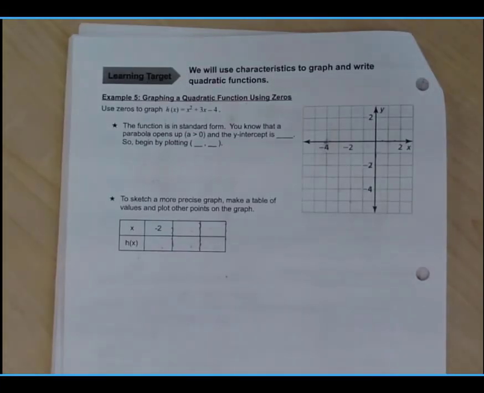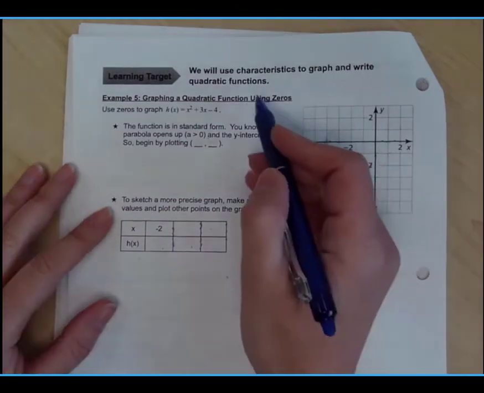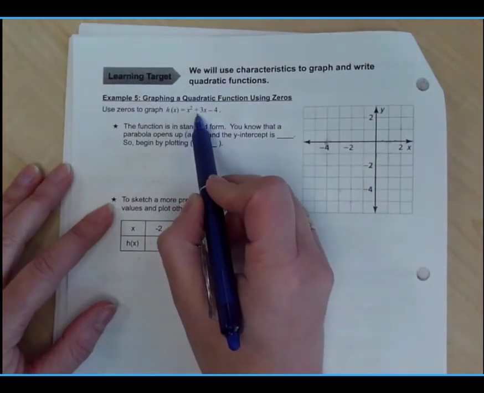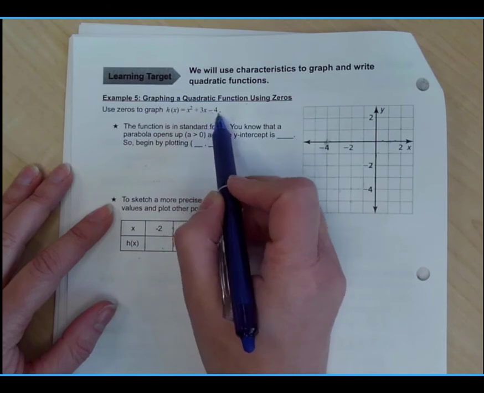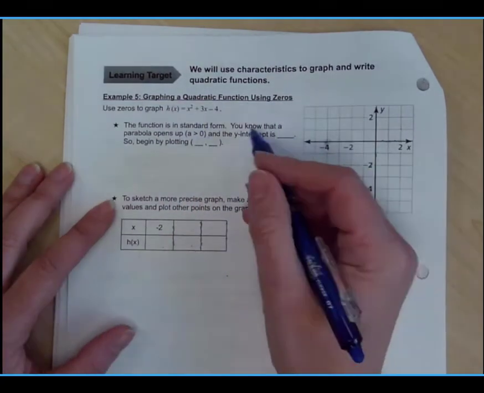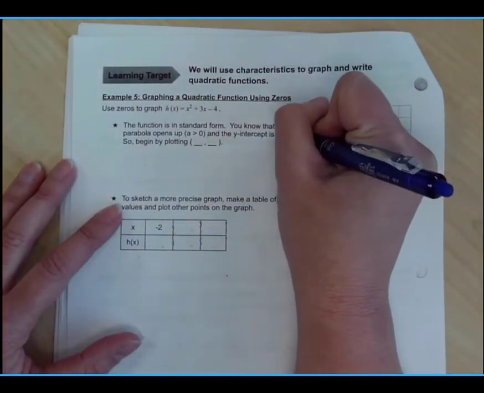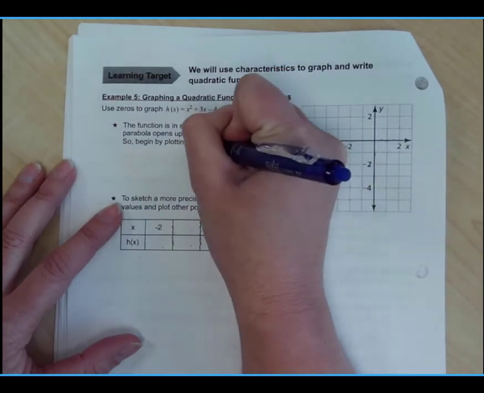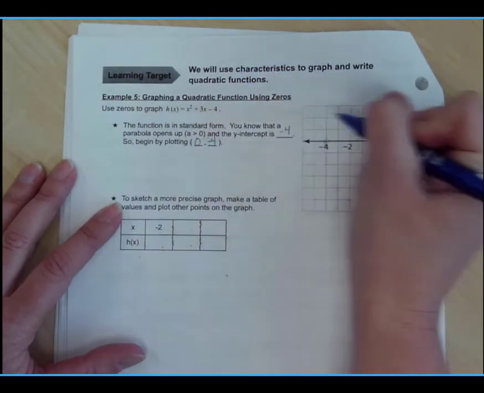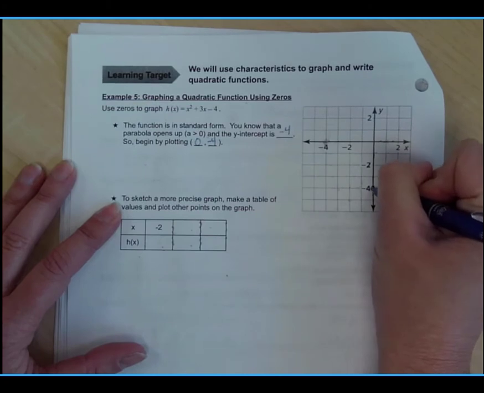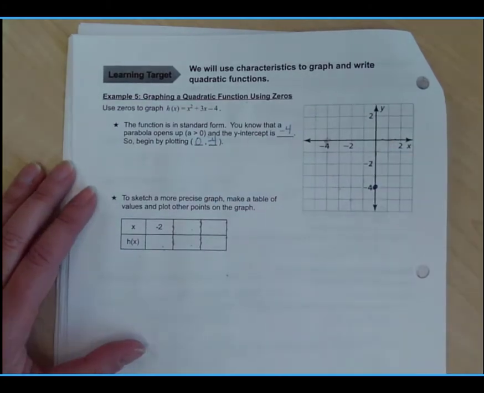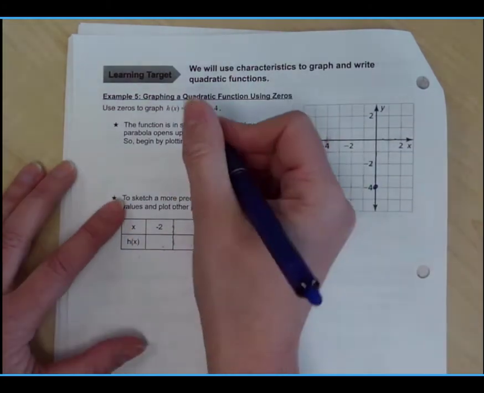Let's now take a look at example 5, graphing a quadratic function using zeros. So we've got the formula x squared plus 3x minus 4. So this is in standard form, so we know that the y-intercept is -4, putting that at 0, -4. Now we're going to use the zeros to plot the rest.